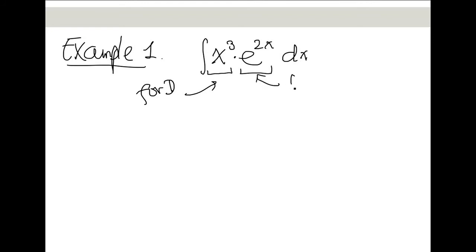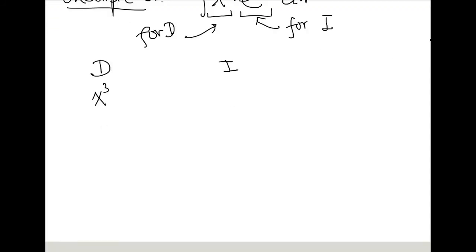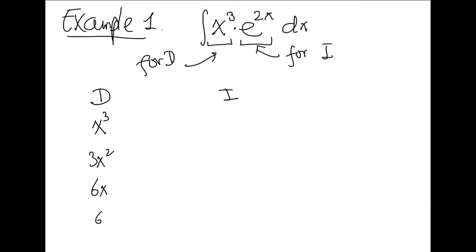This is for D and this is for the column I. For D, we keep taking derivative. Now for x cubed, if we take the derivative, eventually we would get 0. That's good. So 3x squared, 6x, 6, and lastly we have 0.